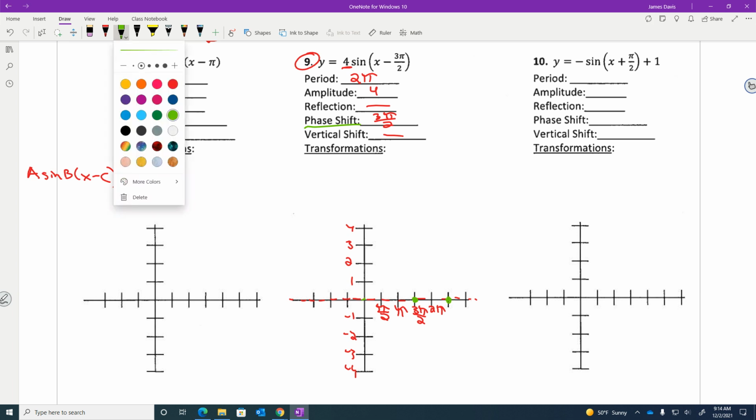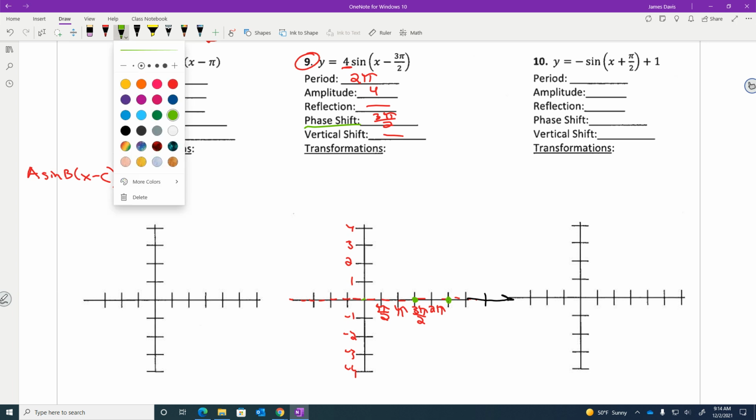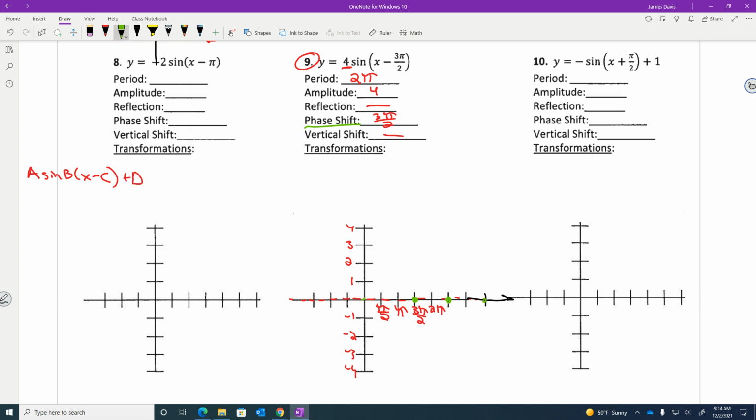Let's expand this just a little bit. So I'm still going to have the same idea, it's just I'm shifting all 3 of those points over. And I do need to extend these labels, so let's see if we can figure those out.